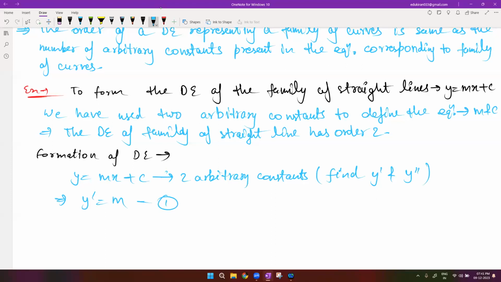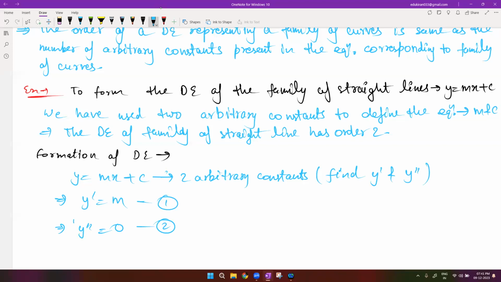And then also find y double dash. Again differentiate this. This is a constant, so y double dash is equal to 0. Now use these two equations to eliminate m and c, such that we don't have to write m and c in the differential equation.